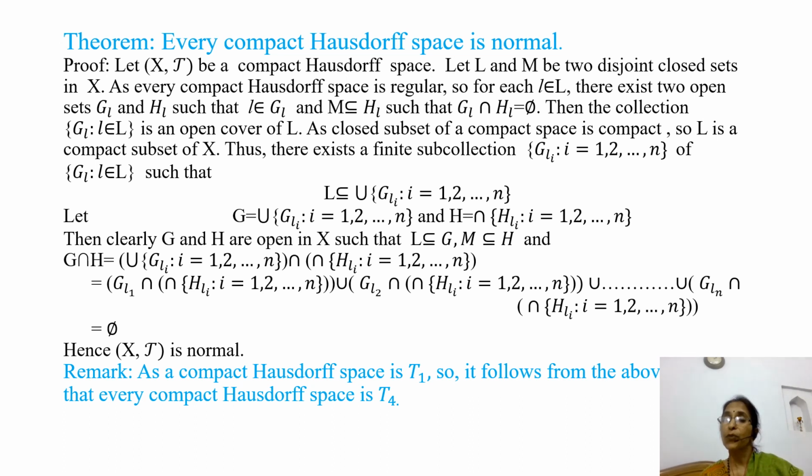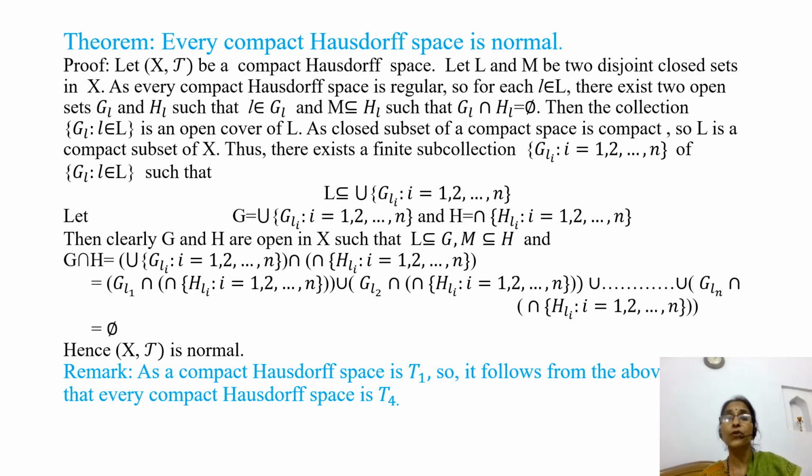And if we take the corresponding sets H_l1, H_l2 up to H_ln, and take the intersection of these open sets and denote this by H, then this H is also an open set, because a finite intersection of open sets is also an open set. So here we have two open sets G and H such that L is contained in G, and since each H_li contains M, M is also contained in H.